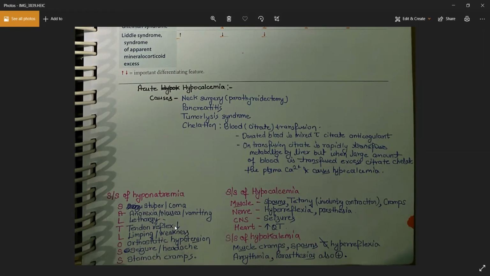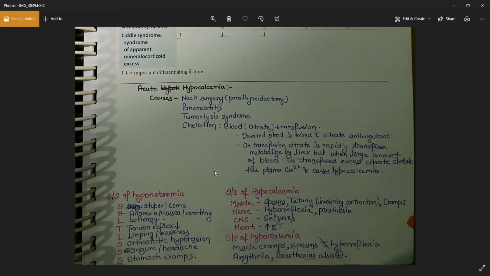You will get hypotonia of the muscles, hyporeflexia, weakness, orthostatic hypotension, seizures, headaches, cramps. So the majority of the symptoms are neuronal symptoms, and the other symptoms are GI symptoms. So neuronal symptoms with GI symptoms, think about hyponatremia. Similarly, with high concentration, irritability, stupor, coma. Again, these are the symptoms you will get in hyponatremia.